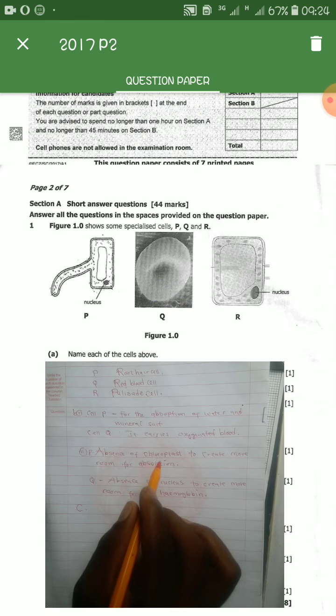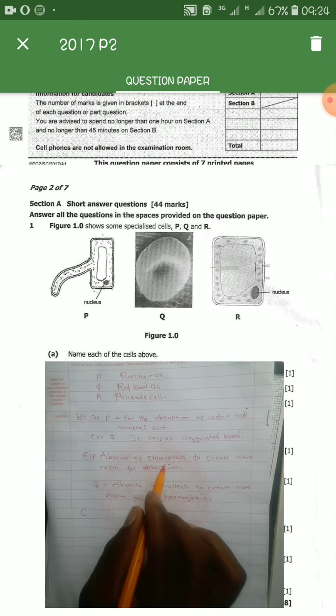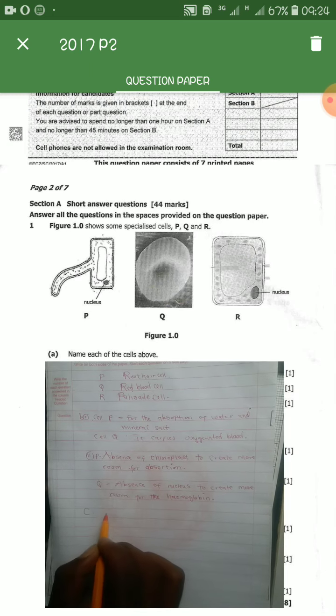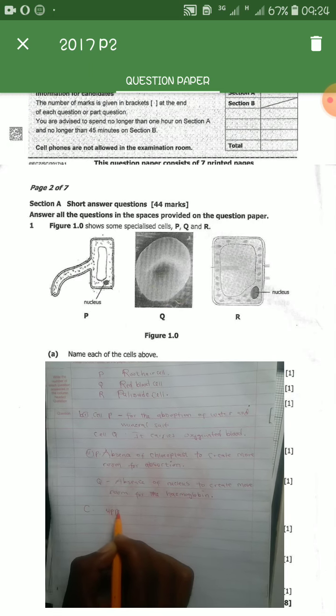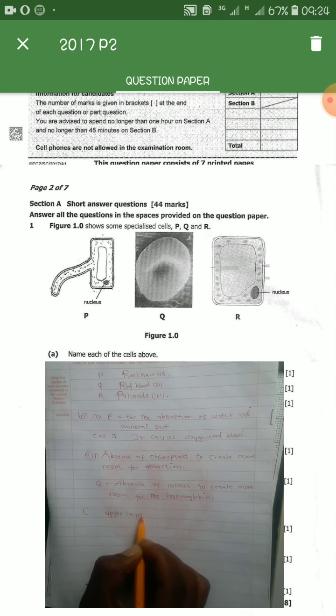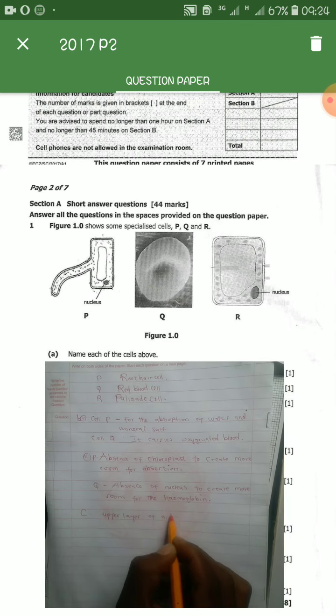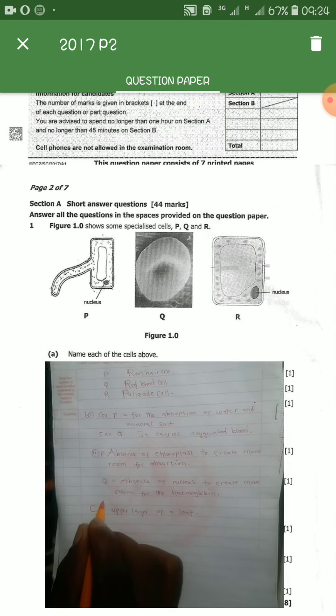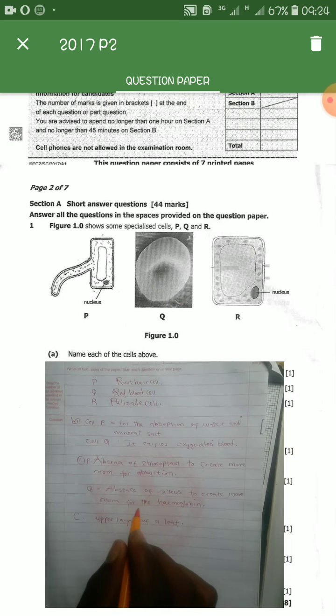So the function of the palisade cell is to carry out photosynthesis, and they are normally found on a leaf, specifically on the upper layer of a leaf.